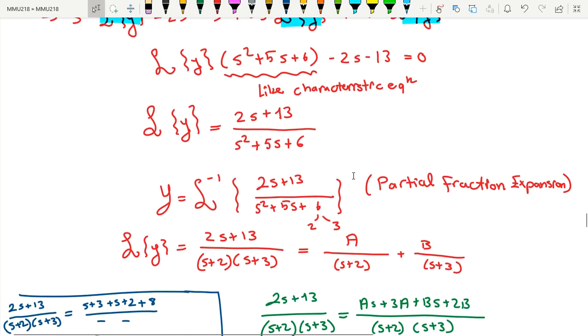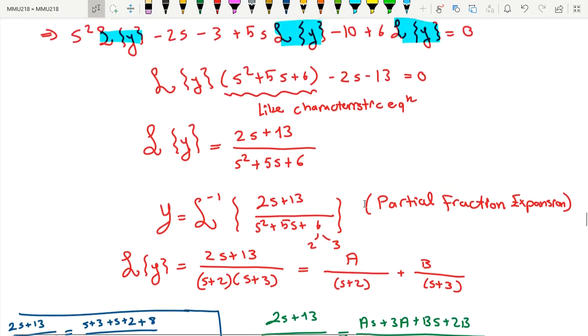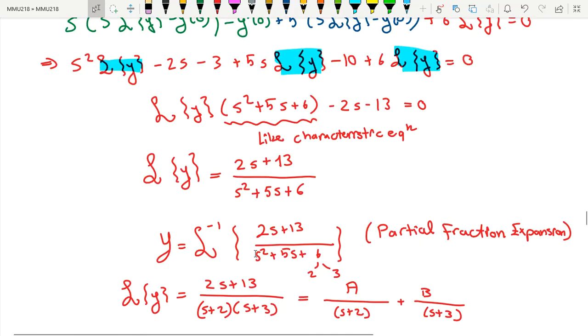But if you really cannot come up with that trick, you can always use the partial fraction expansion method. Let's say you express this s squared plus 5s plus 6.